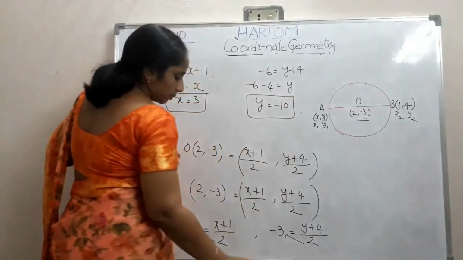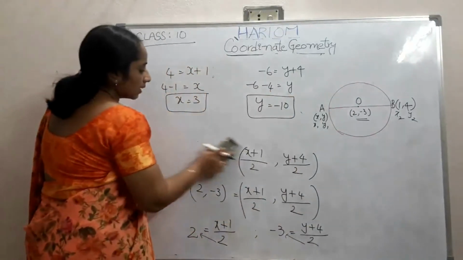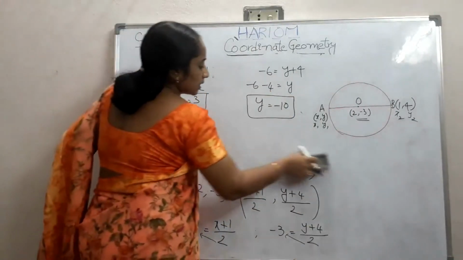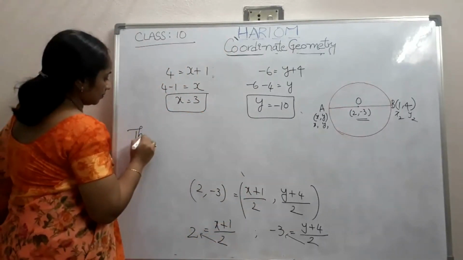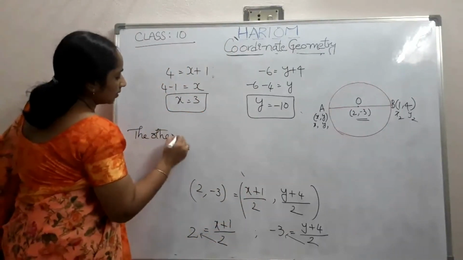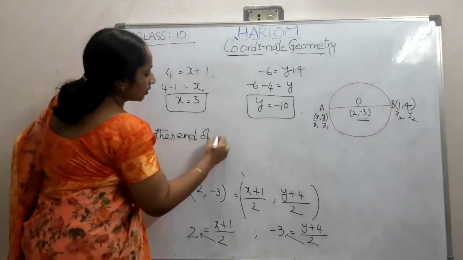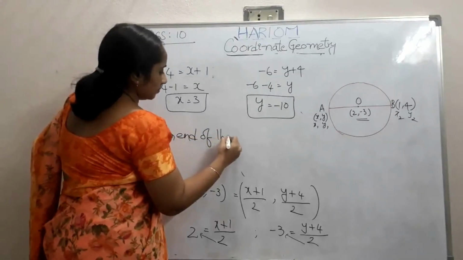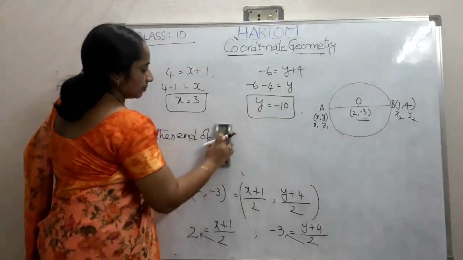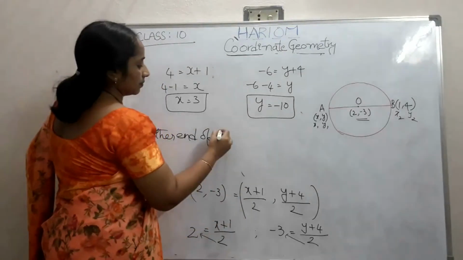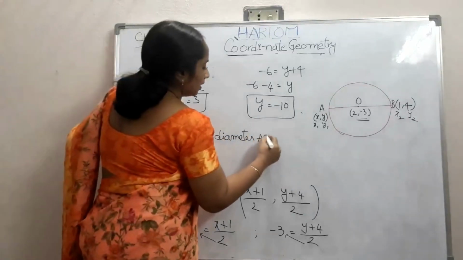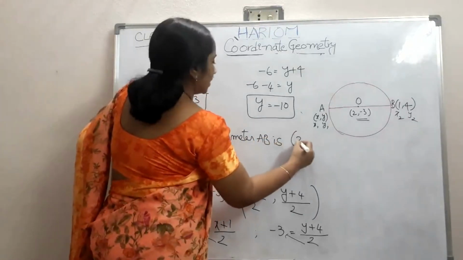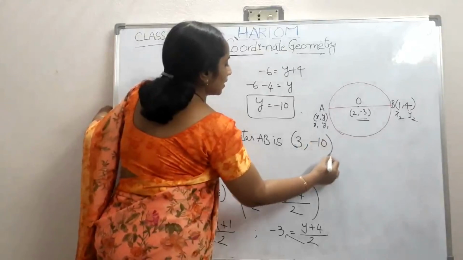So the other end of the diameter AB is 3 comma minus 10.